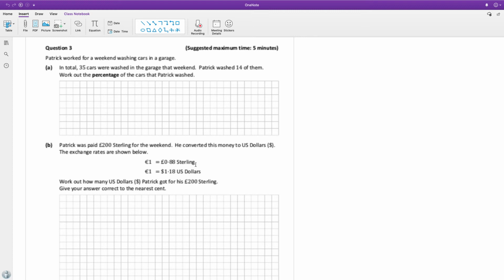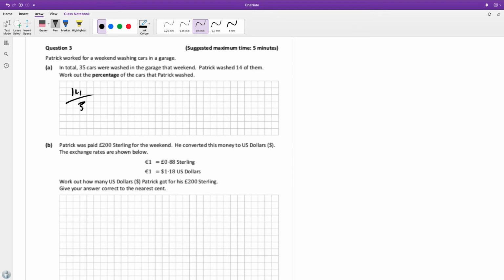What do you reckon? Exactly. 14 over 35 multiplied by 100% equals 40%.